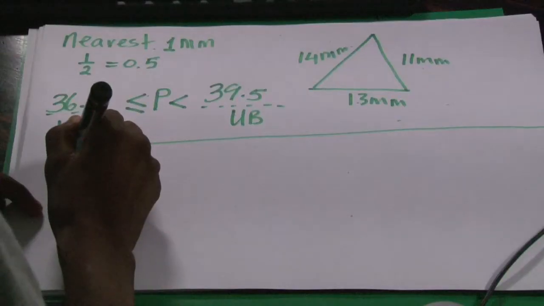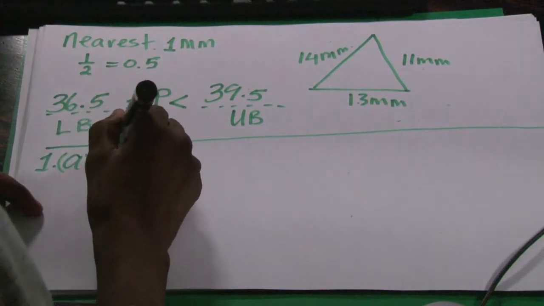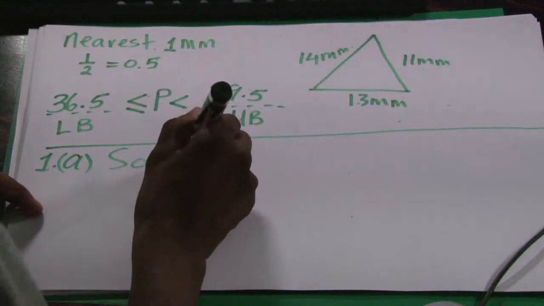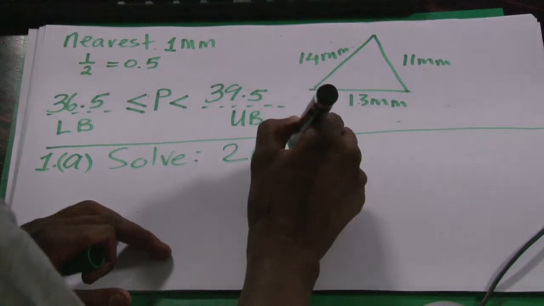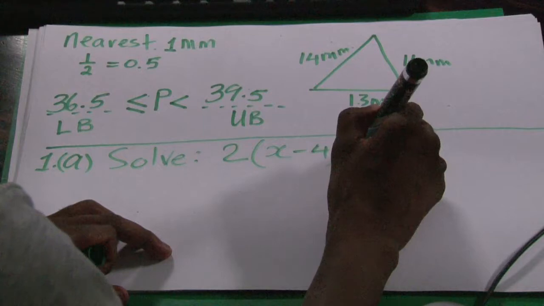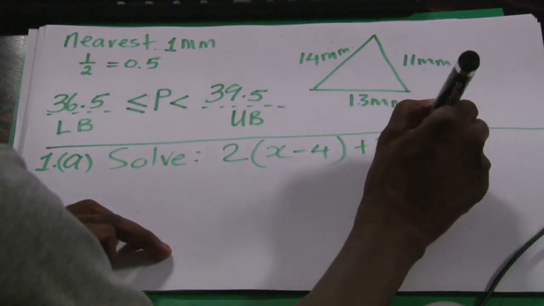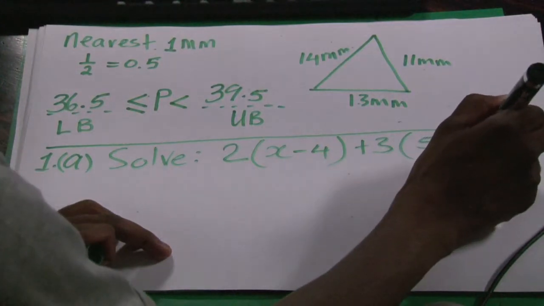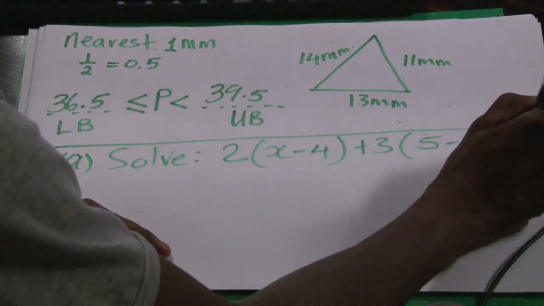Let's say you are told to solve an equation. You want to solve 2 brackets x minus 4 brackets plus 3 brackets 5 minus 3x brackets equals 4.